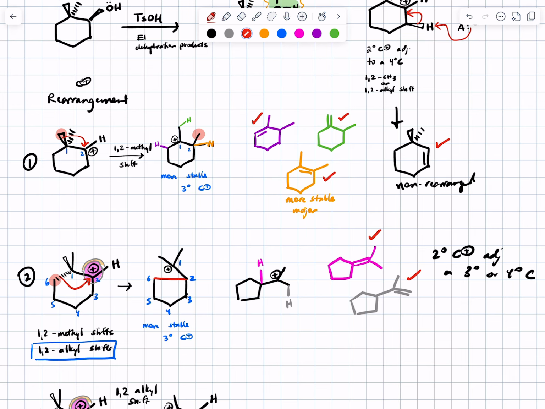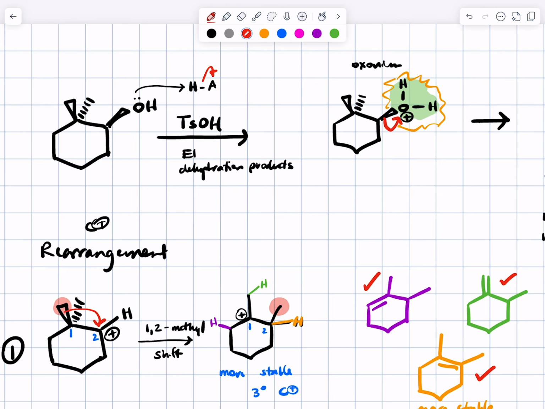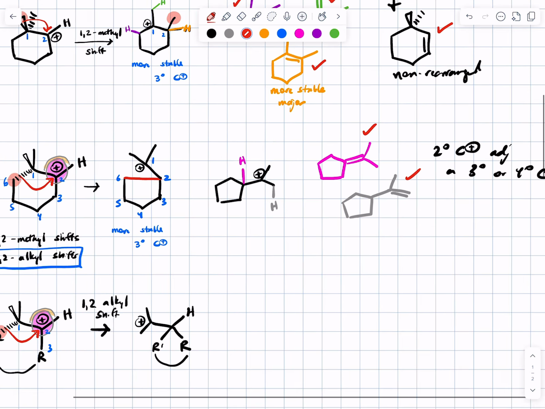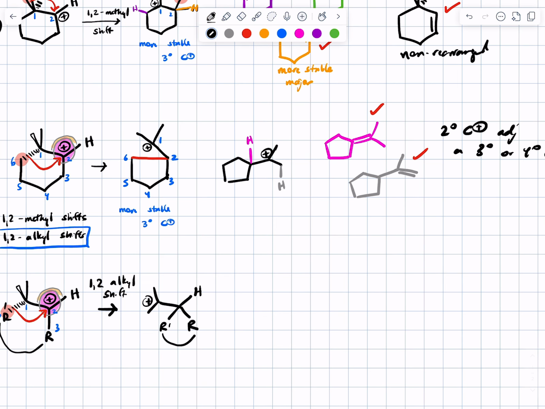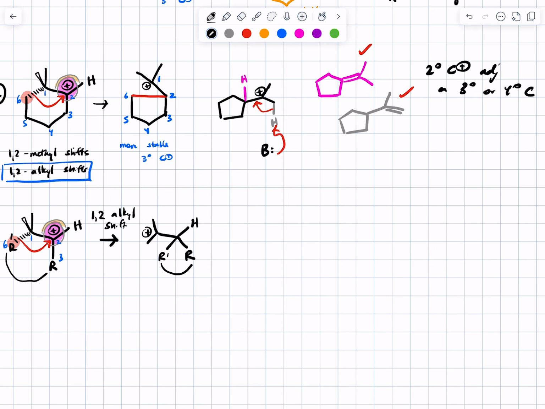Now, why are we, go ahead. Is TsOH still what's going to remove the beta hydrogen? So what removes the beta hydrogen? Yeah, it's likely the conjugate base of the acid, or if you were doing this in H2SO4, it could be water.